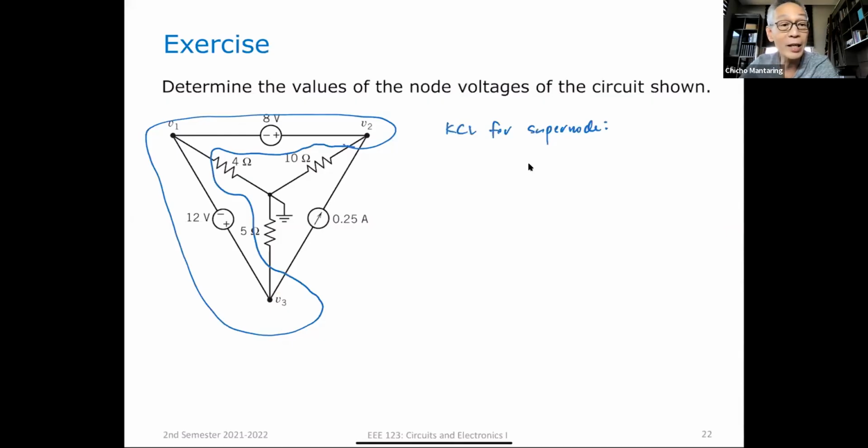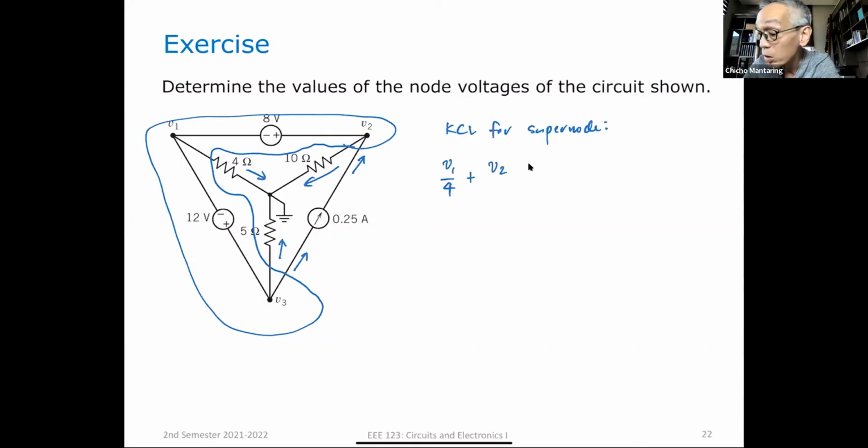Okay, what's my KCL equation? I have three currents, no? This one, and this one. And then I have this one going this way, and then I have this one going inward, no? So ano ito? Ano itong current na to? That's just V1 over 4, no? Plus, what is this?